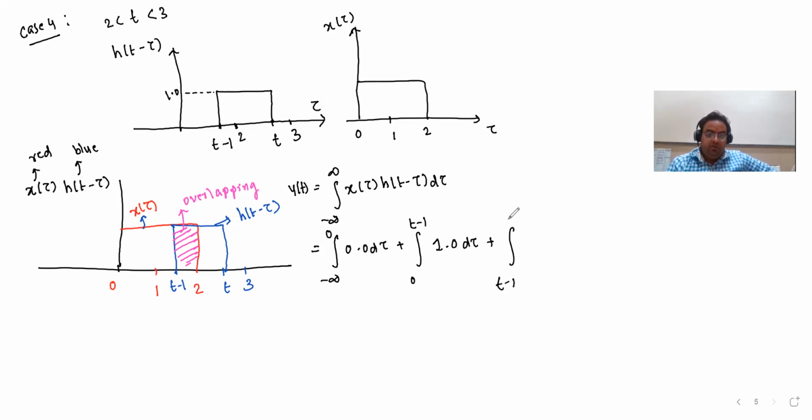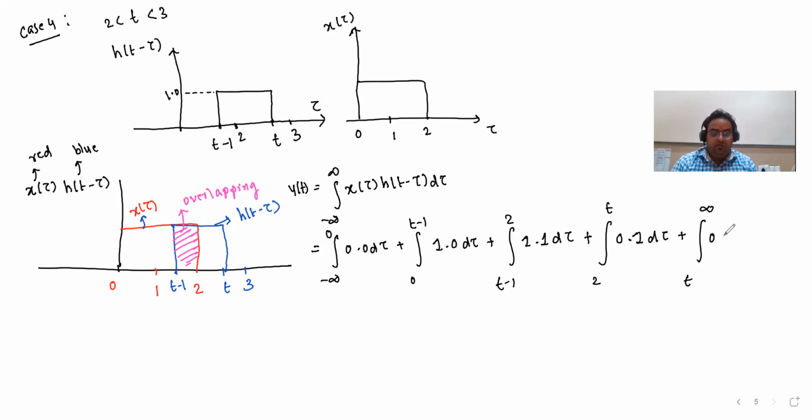From t minus 1 to 2, x of tau is 1 and h of t minus tau is also 1. From 2 to t, x of tau is 0 and h of t minus tau is 1. And finally, from t to infinity, both x of tau and h of t minus tau are 0. So only one part remains; the rest of the terms are 0.